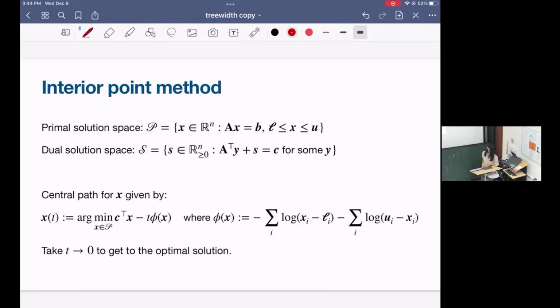So we write our linear program in terms of both its primal and dual solution. We have the primal space P and dual solution space S, and we're following some central path given by this equation here, and basically we're just adding a barrier function so that our x will always stay within the feasible set. And if we take t to go to 0, then this x of t approaches the optimal solution.